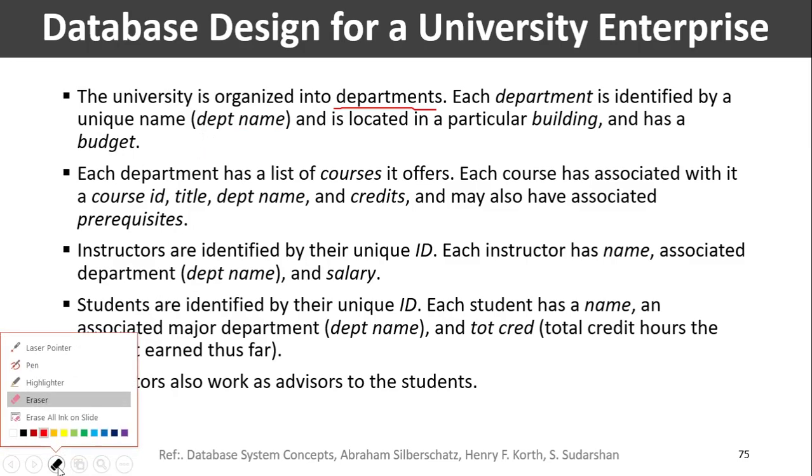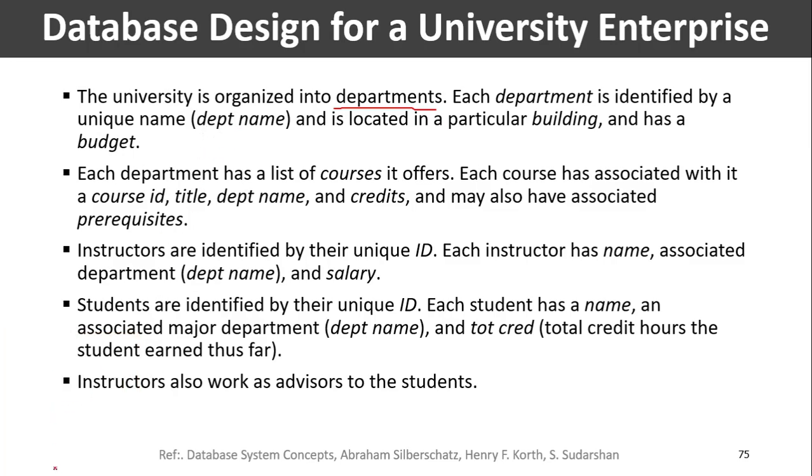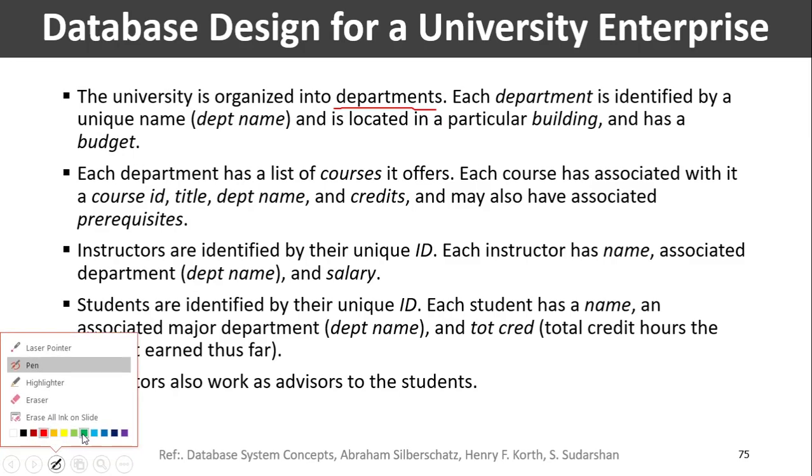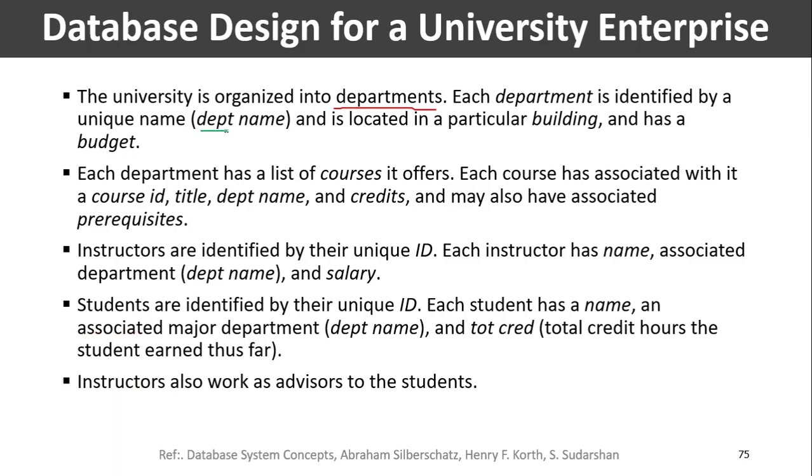Attributes are now being depicted using some other color, say green. So department name would be an attribute, building would be an attribute, and budget would be an attribute for this entity set department.